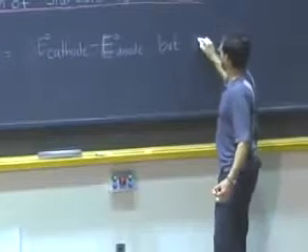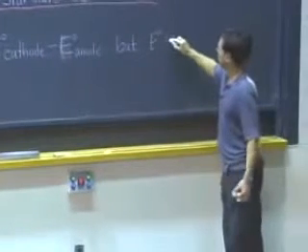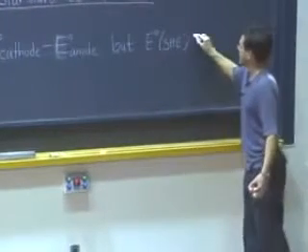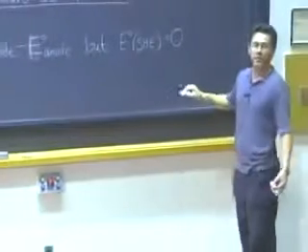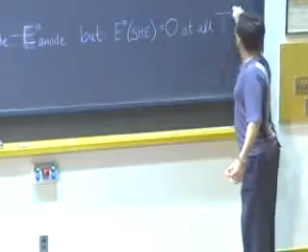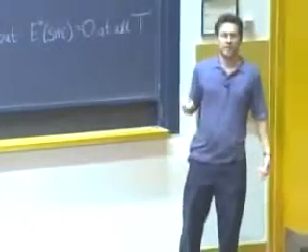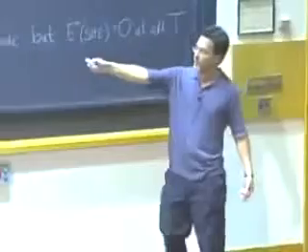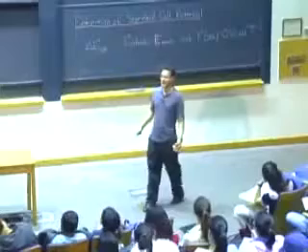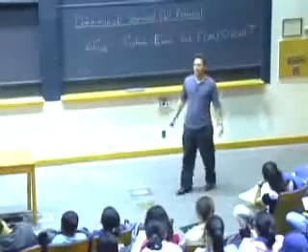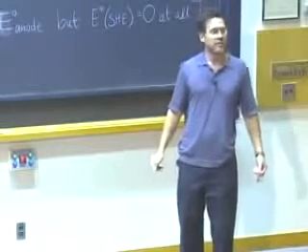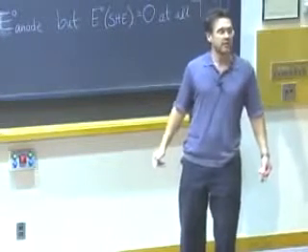But E0 for the standard hydrogen electrode, because this is our reference electrode, is equal to 0 at all temperatures. And that is by definition. So the standard potential for that set of conditions that constitutes our standard hydrogen electrode is taken as the 0 of potential for comparison with any other type of half cell that you might be able to consider.